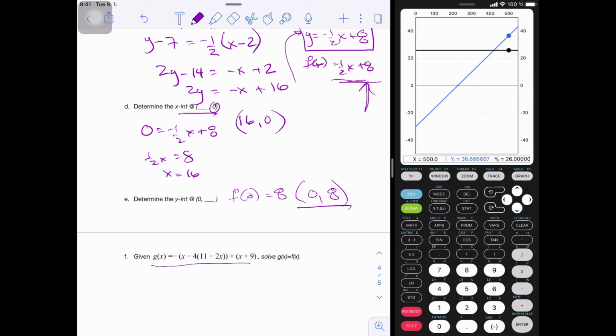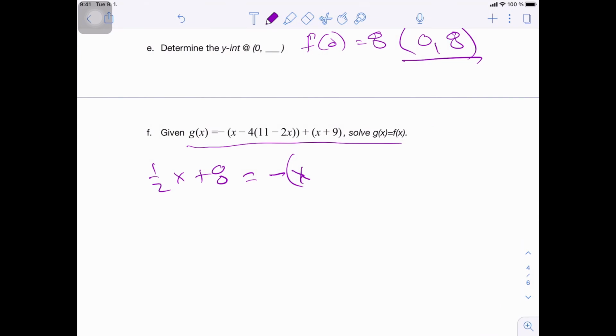And then finally, the last challenging algebra problem to work with. I'm told that g(x), this function, is equal to f(x). So I say -1/2 x plus 8 is equal to negative, parenthesis x, negative x. I'm going to distribute this -4 in here, so -4x plus 8x, and then plus x plus 9.